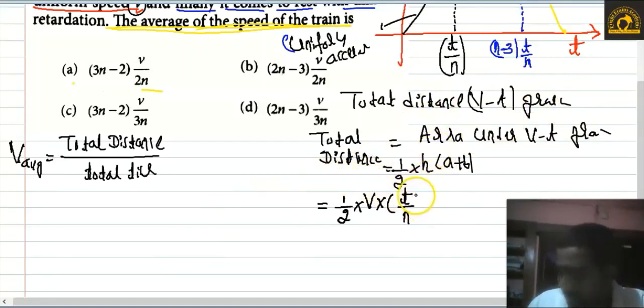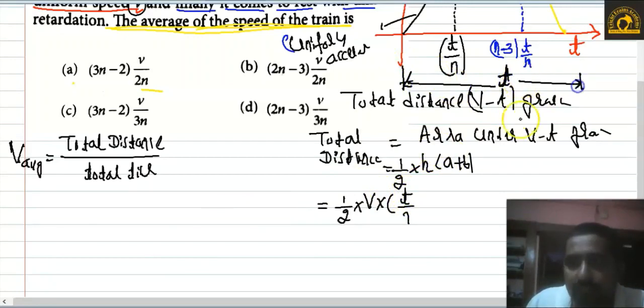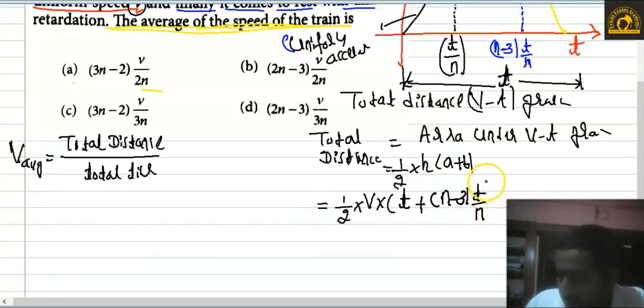So the other side is t plus (n minus 3) into t by n. So this is the a plus b.